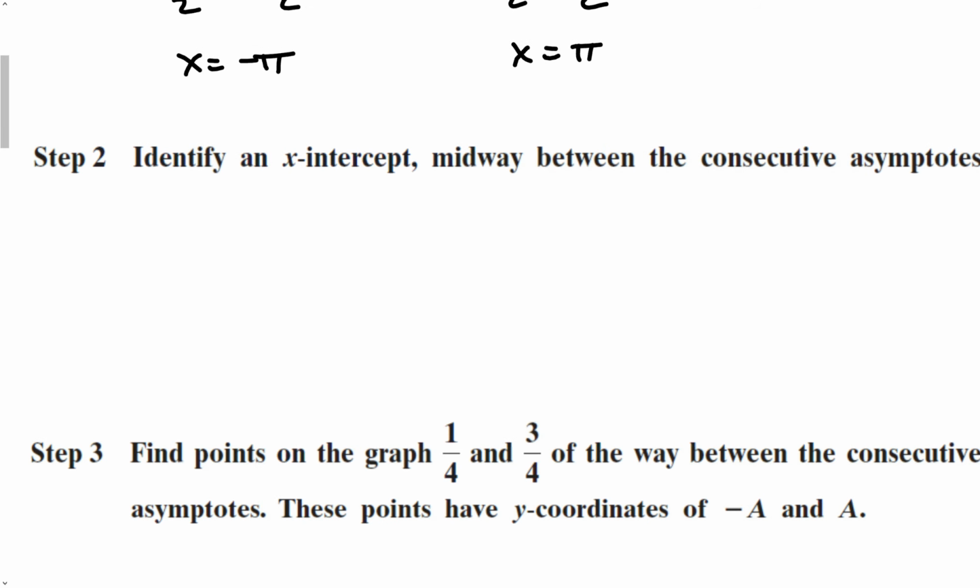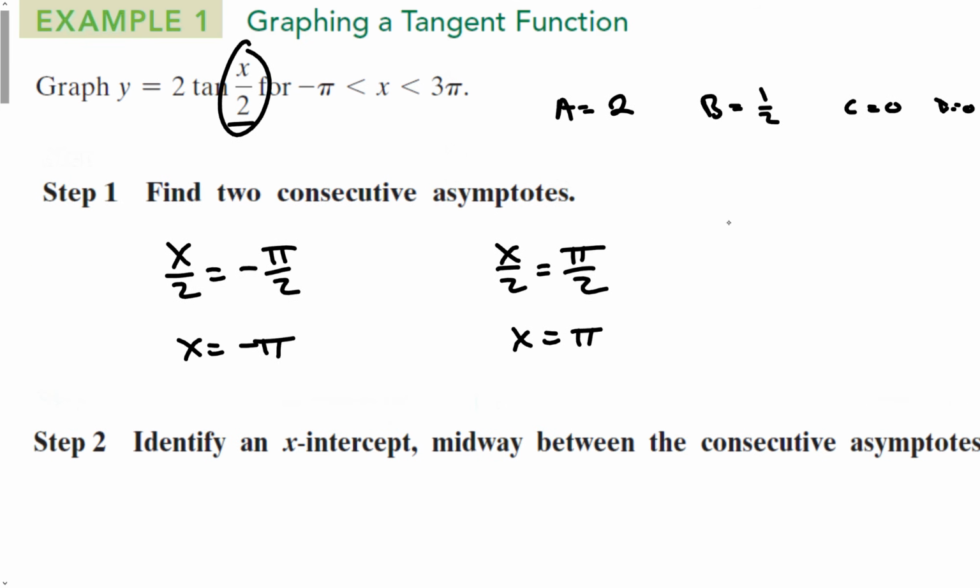Okay? Now, we could do this next step, find an x-intercept halfway between it and then use 1/4 and 3/4 of the way, but I think the easier method is to just find the period. Normally, the formula for the period of sine and cosine is 2 pi over b, but that's because the period of sine and cosine starts with 2 pi.